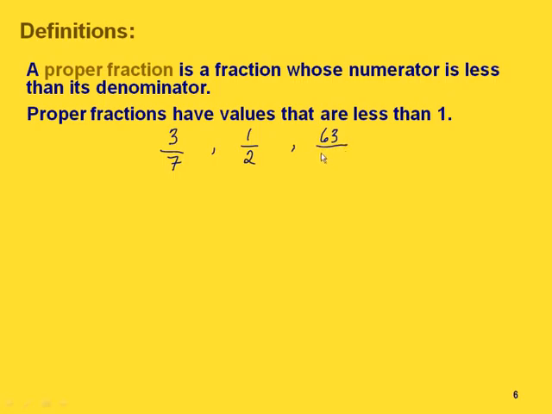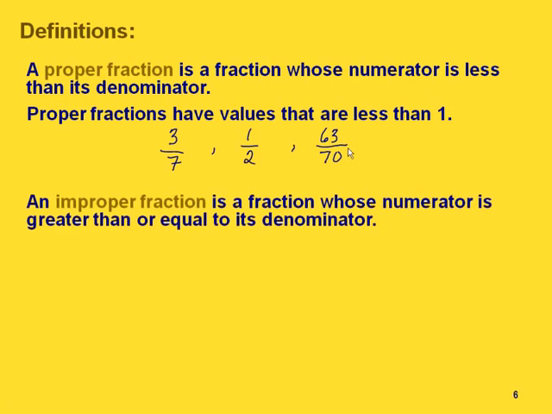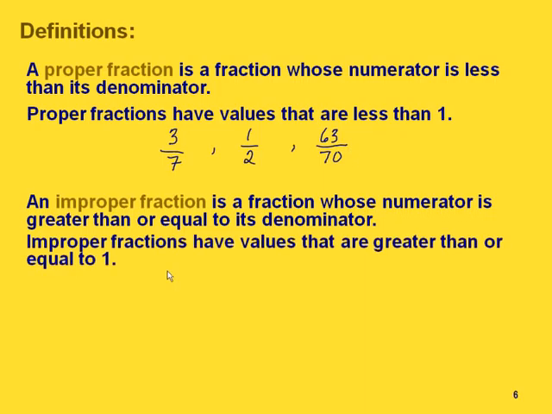Another proper fraction would be 63/70, because again, 63 is less than 70. Okay, an improper fraction is a fraction where the numerator is greater than or equal to the denominator. And improper fractions have values that are greater than or equal to 1. Some examples would be 8/5, because the numerator 8 is greater than the denominator of 5.